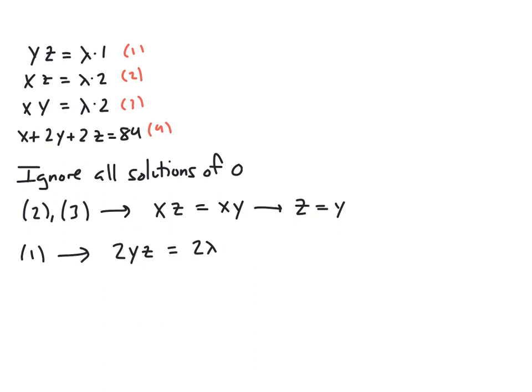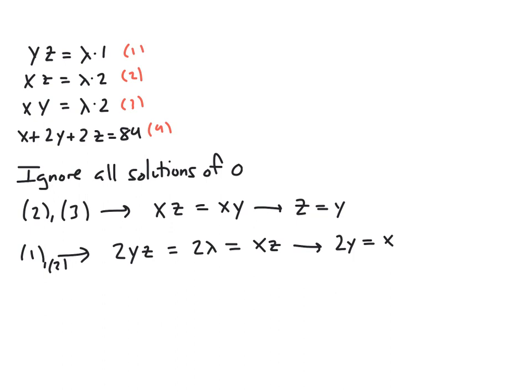And now using equation 2 as well, I know 2 lambda is equal to xz. All right, so this now also, I'm going to label 2 over here. I also use 2 there for the second equality. So 2yz equals xz, and again, we're assuming z is not 0, so we can divide by it. And so we see that 2y has to equal x.